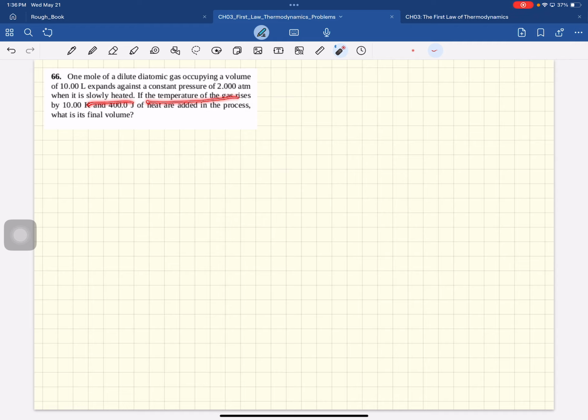If the temperature of the gas rises by 10 Kelvin and 400 joules of heat are added in the process, what is the final volume?